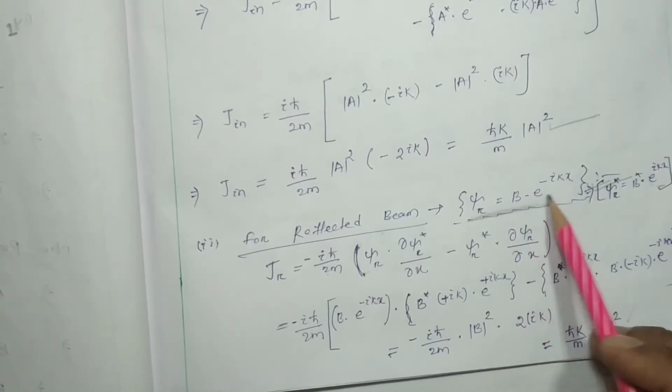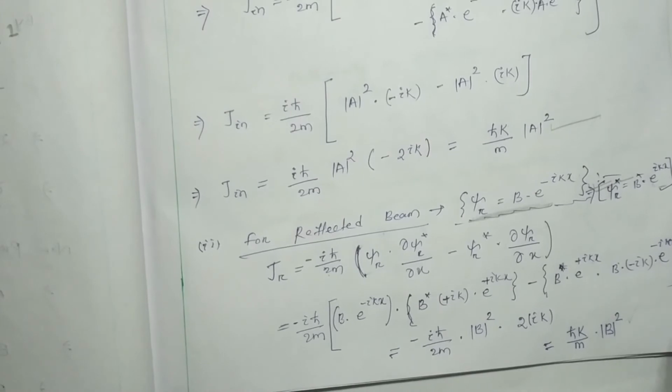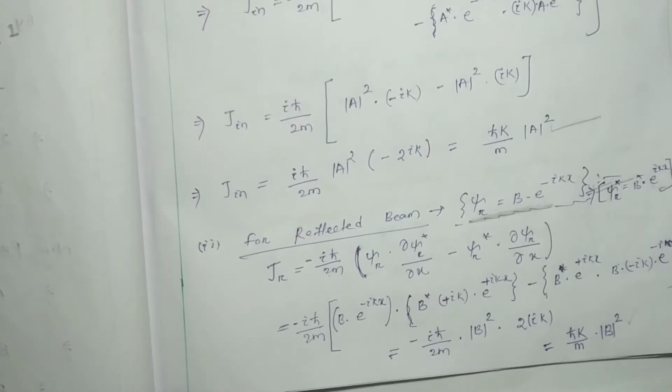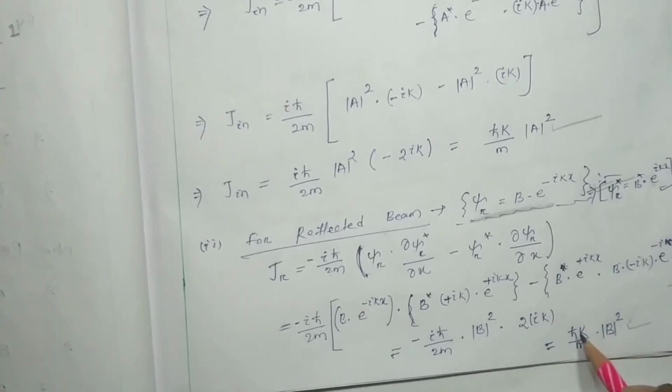Psi r is B into e to the minus ikx, and its derivative gives minus ik times e to the minus ikx. By solving, you can get ħk/m into |B|².